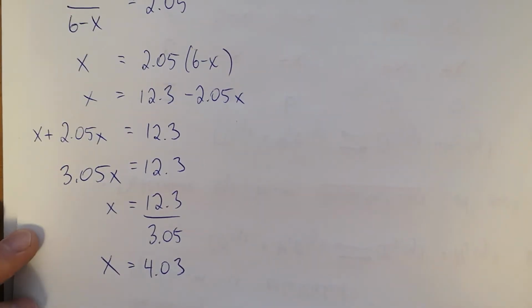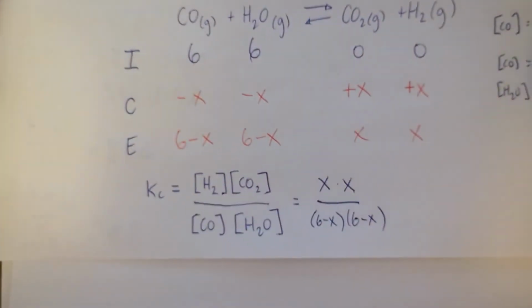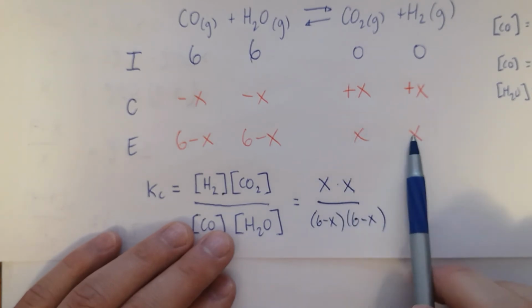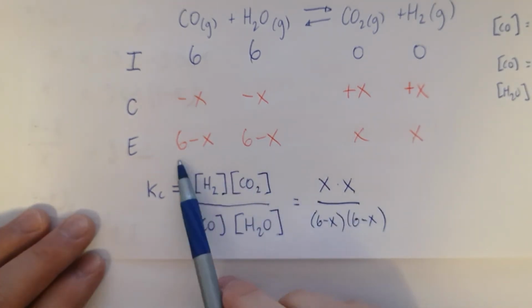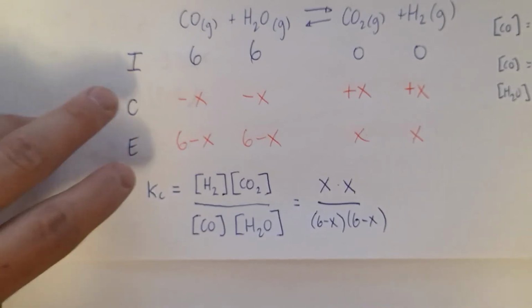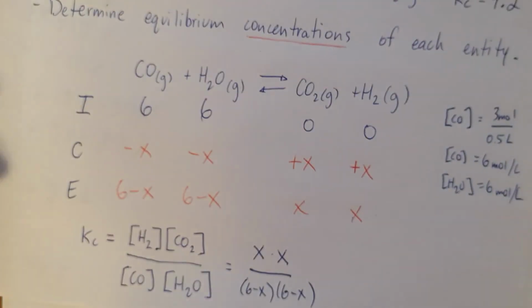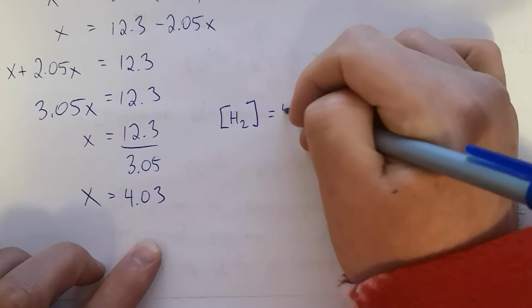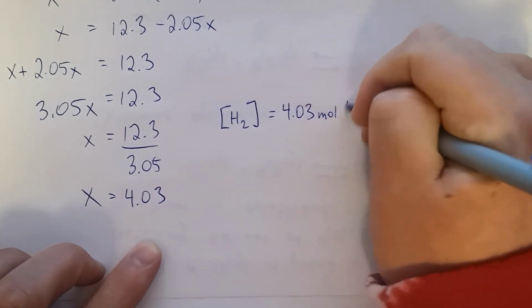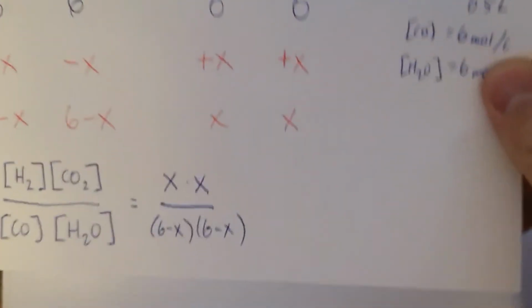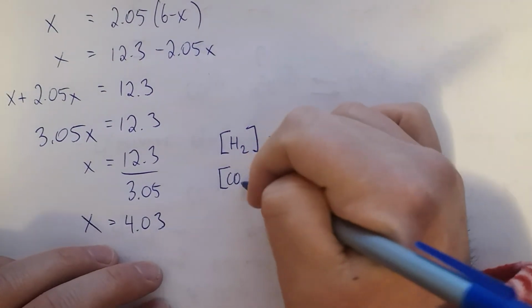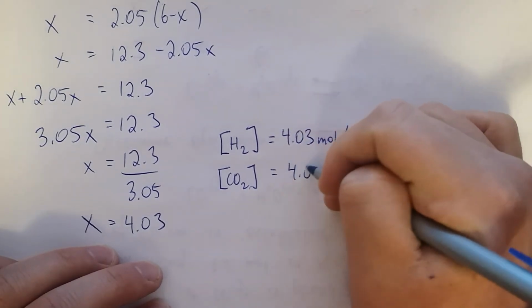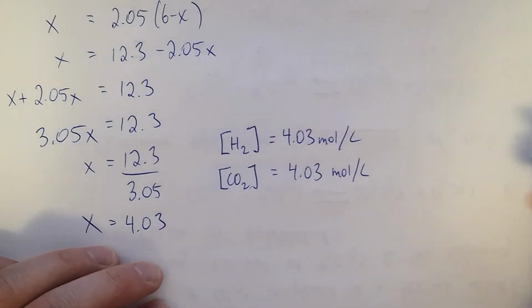Maybe we've forgotten. What on earth is x? That's these guys. We have to subtract that from 6 to get these guys' concentrations. Okay, so I'm going to summarize my answer here, flipping back and forth. This answer, this was our H2 concentration. What else? Carbon dioxide. All right.